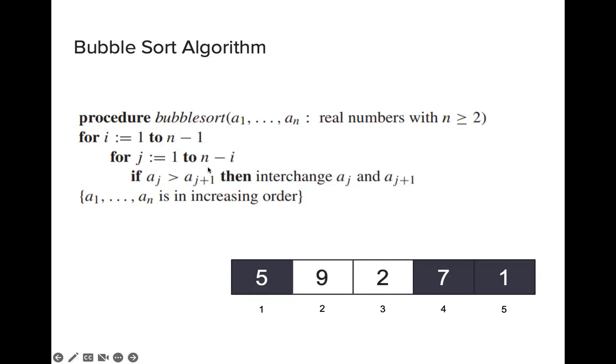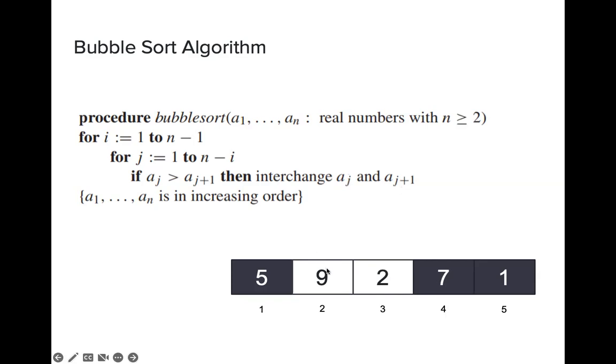For all the 4 passes, we are going to compare each element to the next element. If the current element is greater than its next element, the one following it, then we will interchange a sub j and a sub j plus 1.